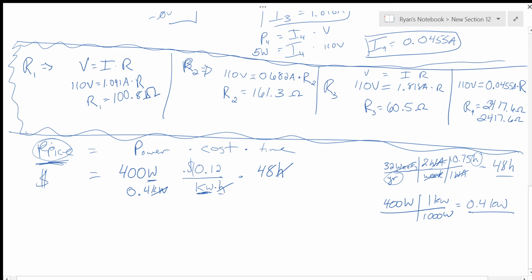Kilowatts is going to be up top, actually. It's this number up here. Right? We just got rid of it. That's going to cancel this. And so I'm going to be left with 0.4 times the 48 hours times the cost of 12 cents an hour. And I'm going to find that WebAssign only cost my parents a whopping $2.30 per year.